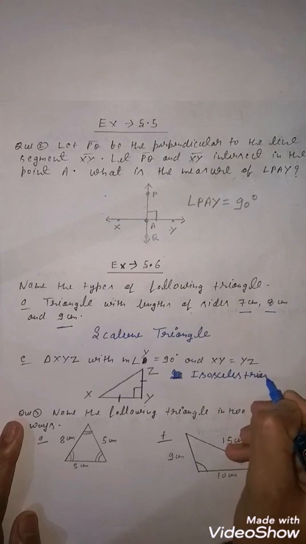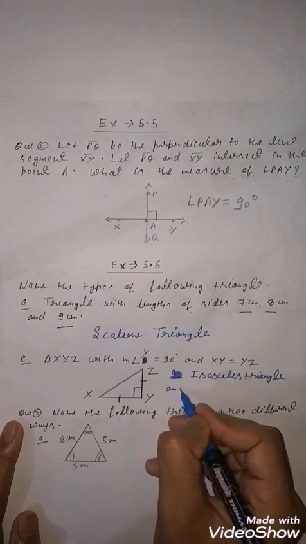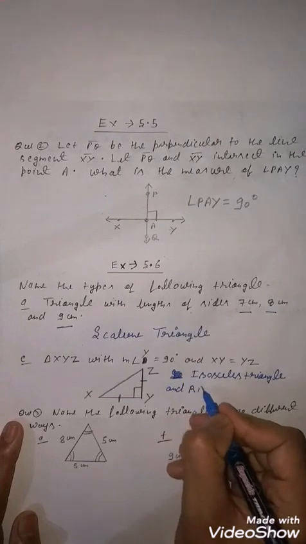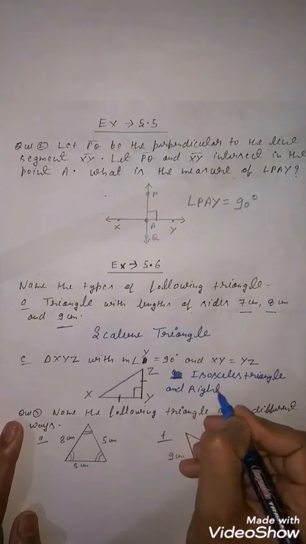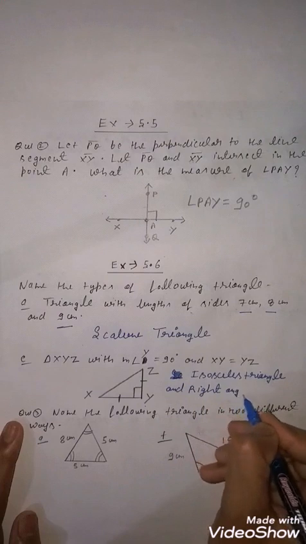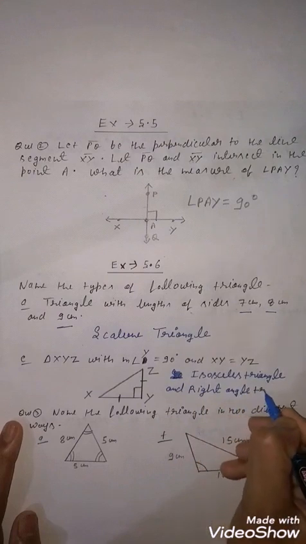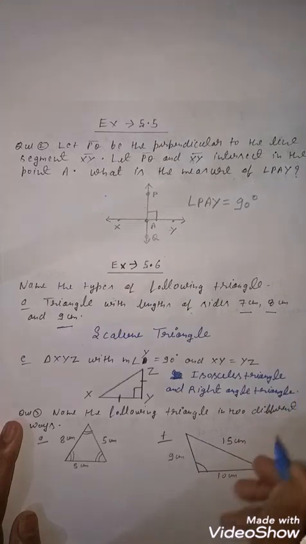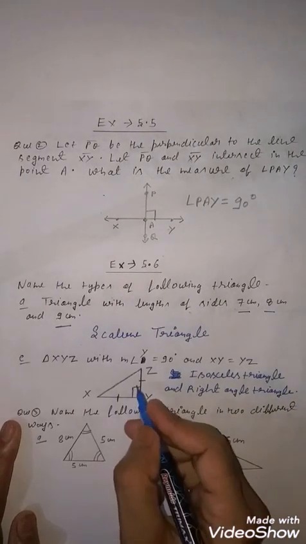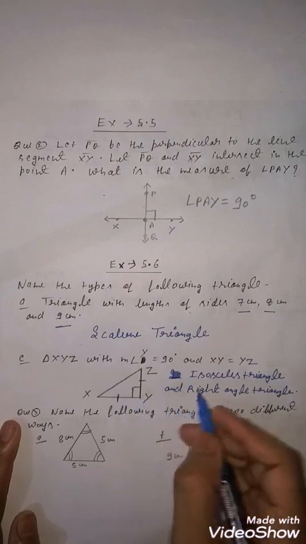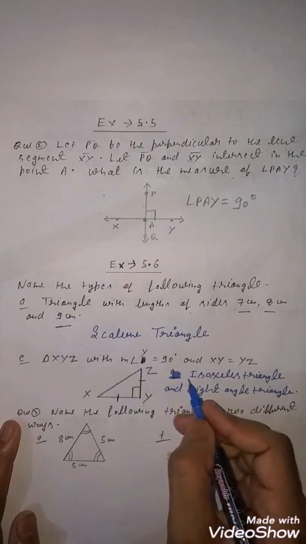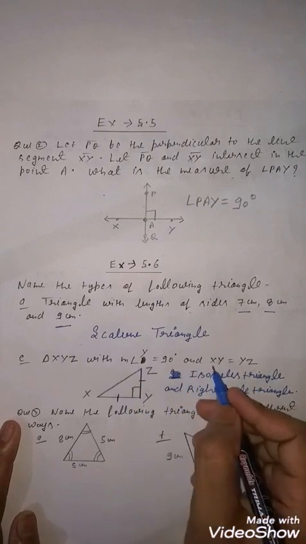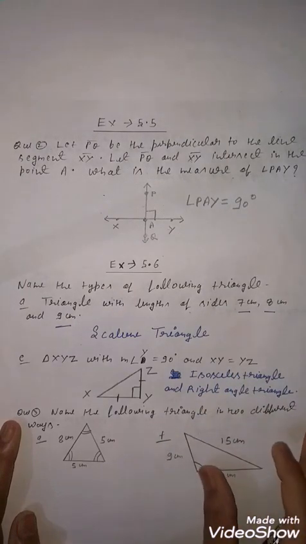And what, students? Another, right angle triangle. Clear to everyone? Why am I writing two types? Because on the basis of angle, you know that 90 degree means right angle triangle, and on the basis of side, this is isosceles triangle. Why isosceles triangle? Because two sides are equal, XY and YZ.